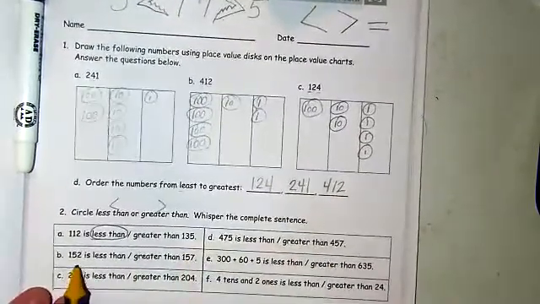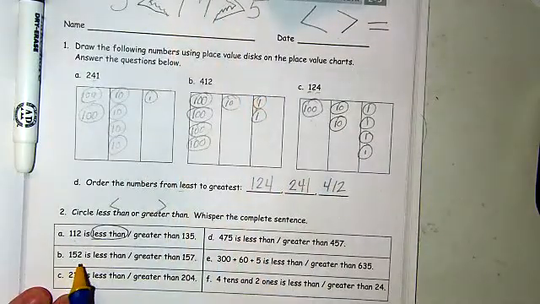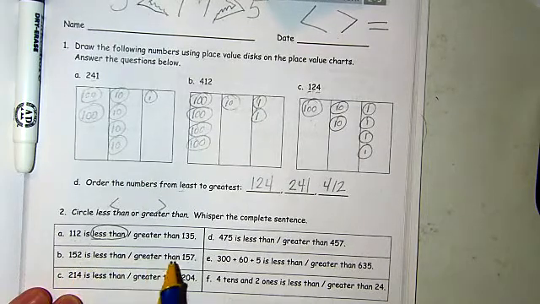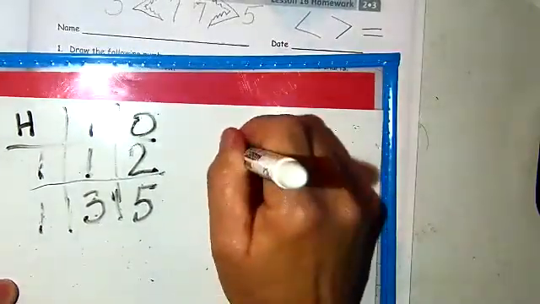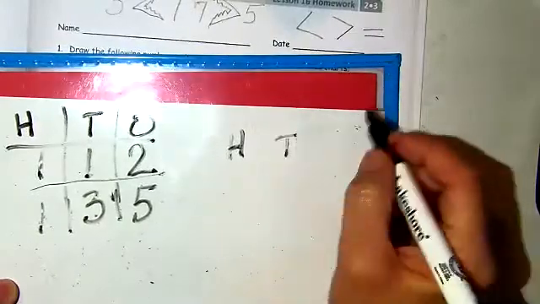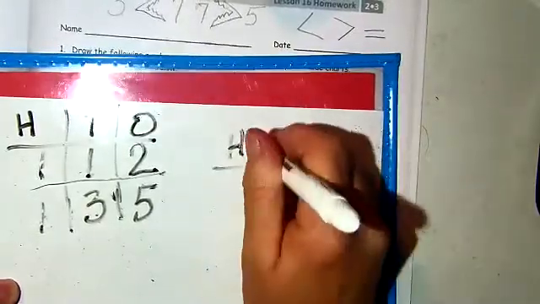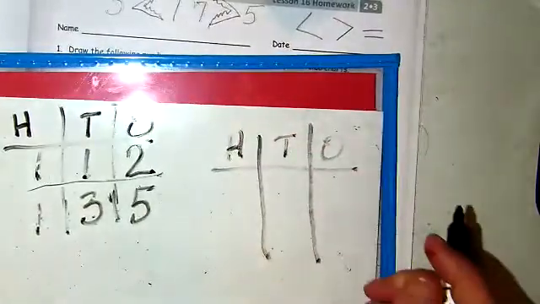So let's look at B. And if you have that place value chart, go ahead and write the two numbers in. We have 152 and 157. I am going to go ahead and write this one because this is another one of those where we need to go several digits down.